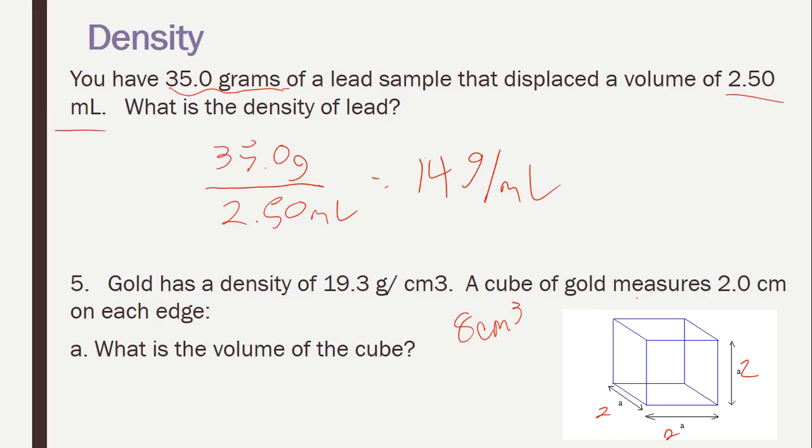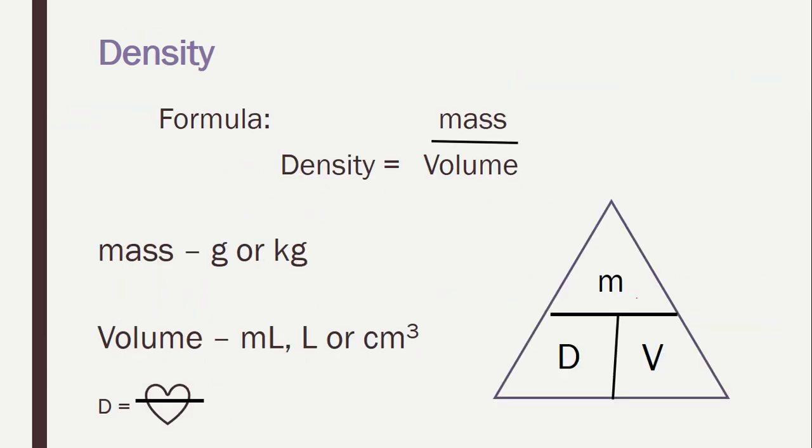And then if I asked you what's the mass, then we would take the 19.3 grams per centimeter cubed and multiply it by the 8 centimeters cubed. That would cancel your centimeters cubed and leave you with grams. Or you can do, like we set up here, that we're looking for the mass.